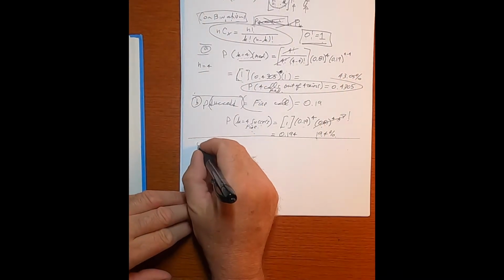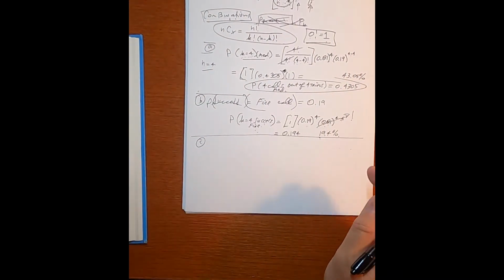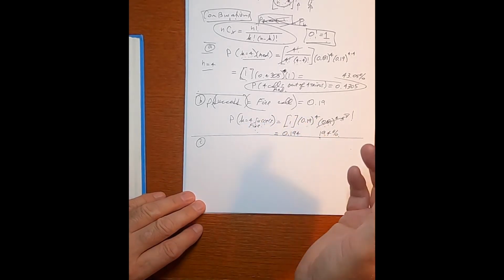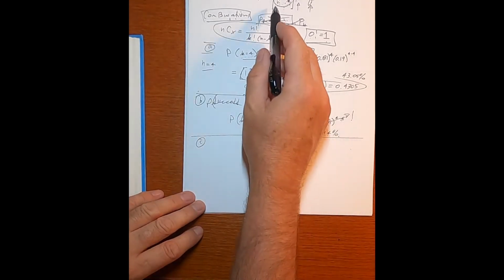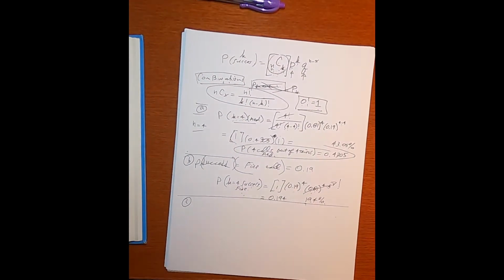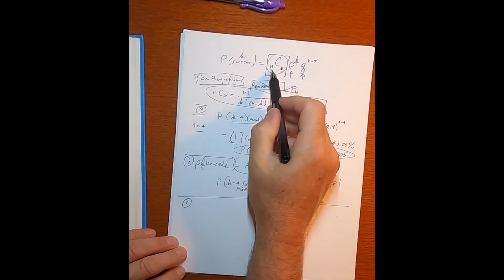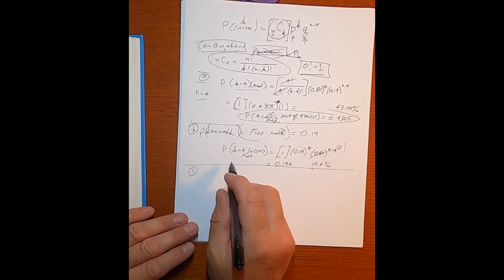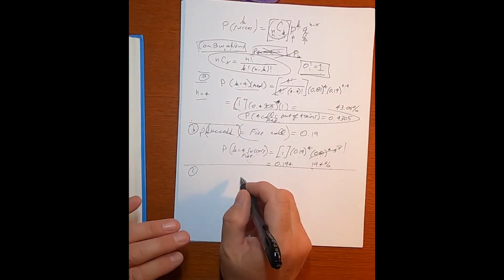Okay, so here's C. So now the counter is going to come into play because the combination counter is not going to go to 1 in this case. So let's run the combination counter here.